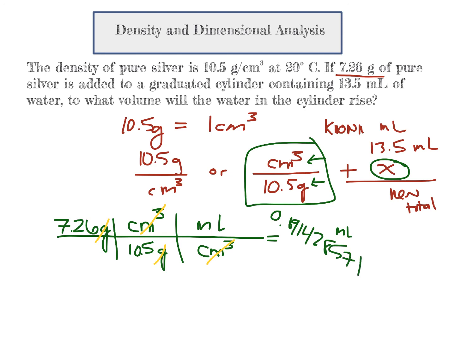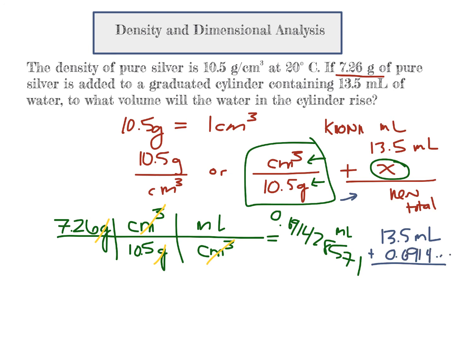That's a little ridiculous, but we'll keep it for now. Though this is a really fun answer, it's not actually the answer to the question yet. We really want to know the new total of the volume. So I'm going to take that original 13.5 milliliters and add it to this new number in my calculator, the 0.69 and change.